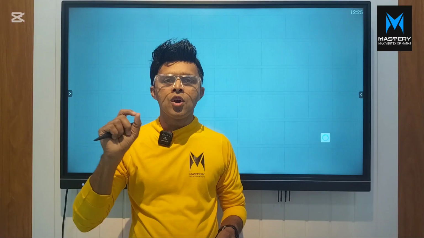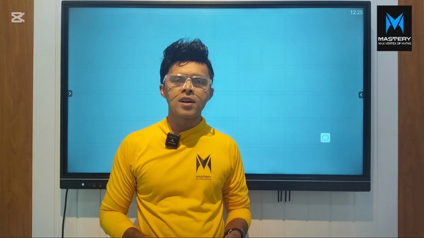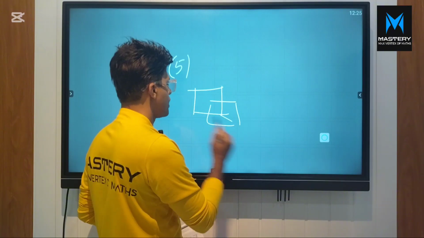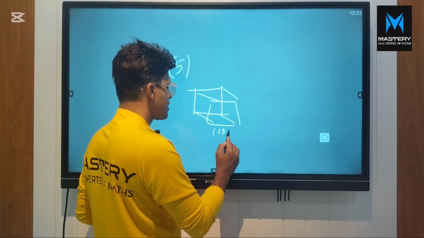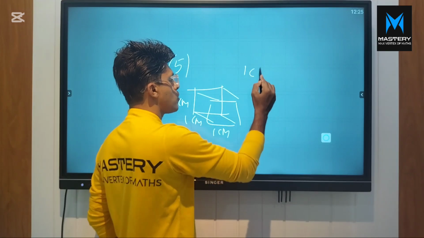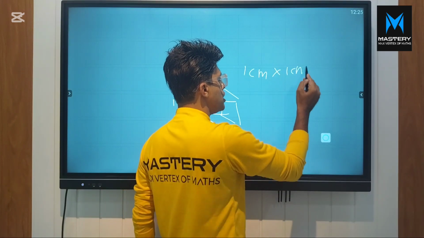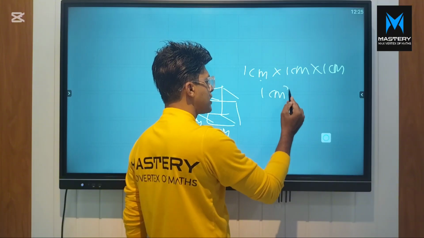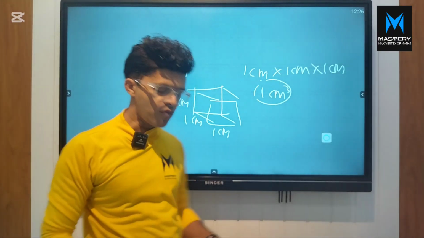So the volume of one cube can be taken as 1 cm into 1 cm into 1 cm. 1 into 1 into 1 is 1 cubic centimeter. So this is the volume.